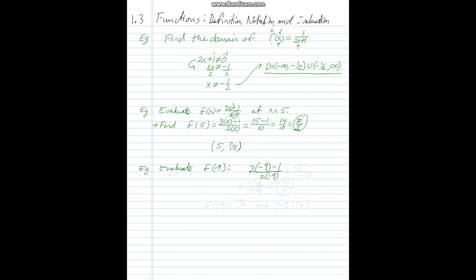My numerator, 3 times negative 9, would be negative 27. My denominator, negative 18. So, negative 27 minus 1 would give me negative 28 over negative 18.